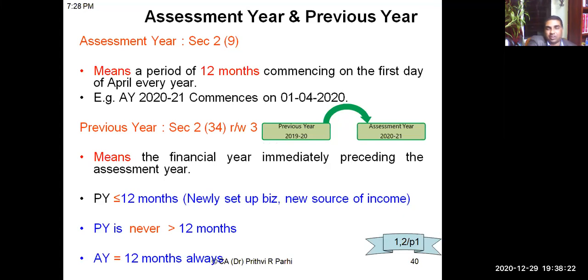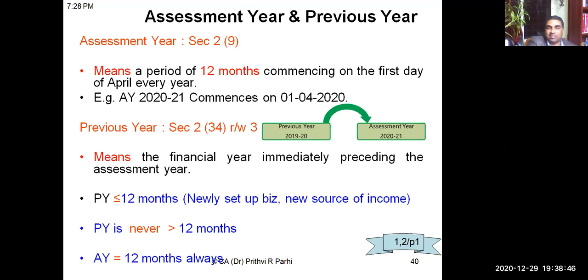And if we talk about assessment year 2021, the previous year is 1920. So income is earned during 1920 and that income will be assessed to tax in the assessment year 2021. Now you see currently return filing is going on. So everybody is filing return for the assessment year 2021.